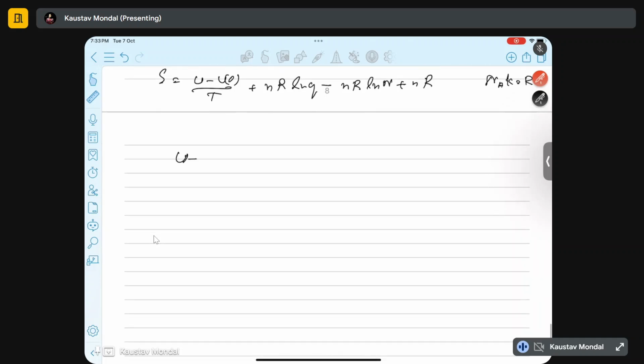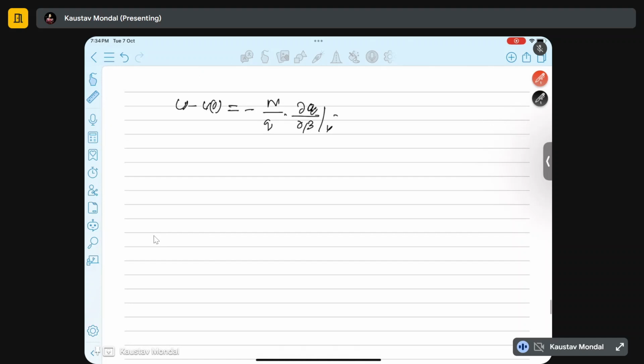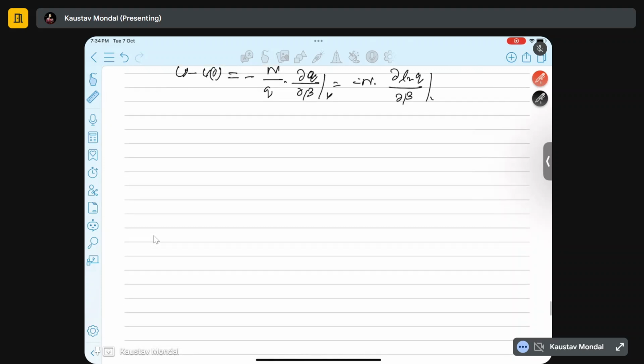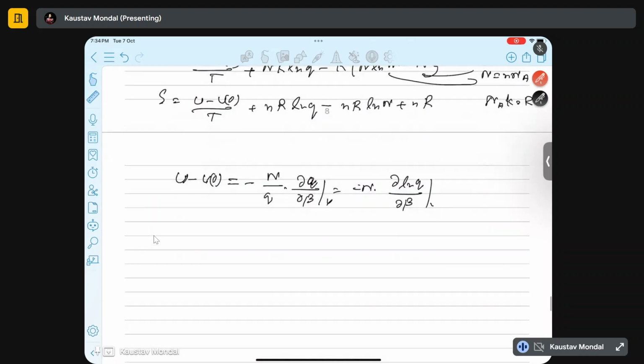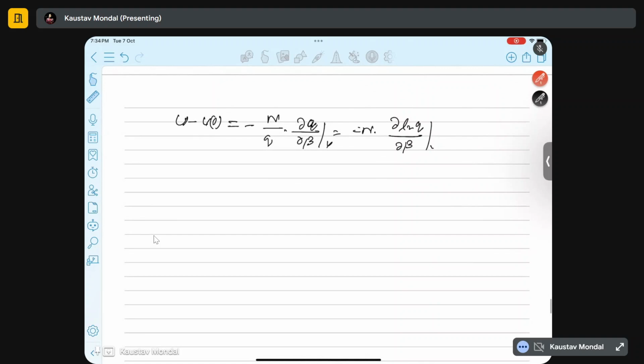Now the U minus U0, the internal energy, is basically this expression we already know, N by q del q by del beta at constant volume. You can further write it as minus N into del ln q by del beta at constant volume. You can also write it in terms of T instead of beta.